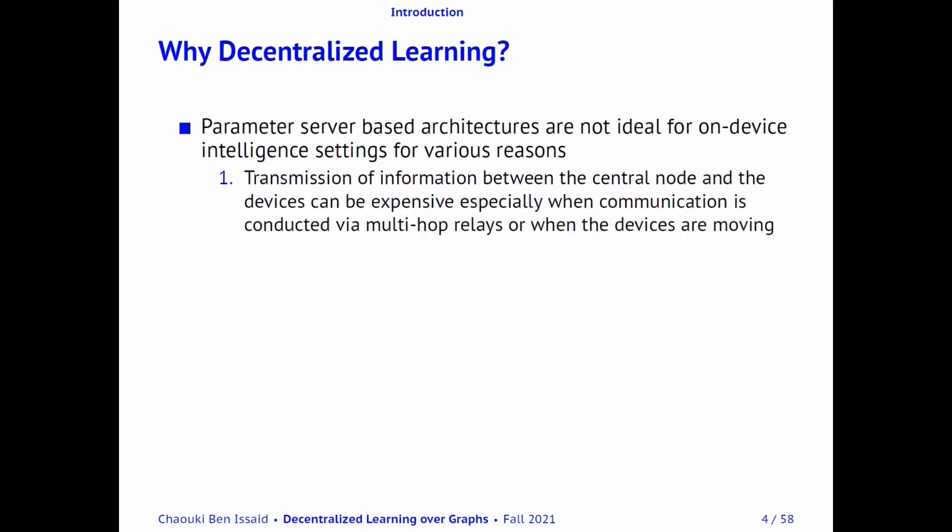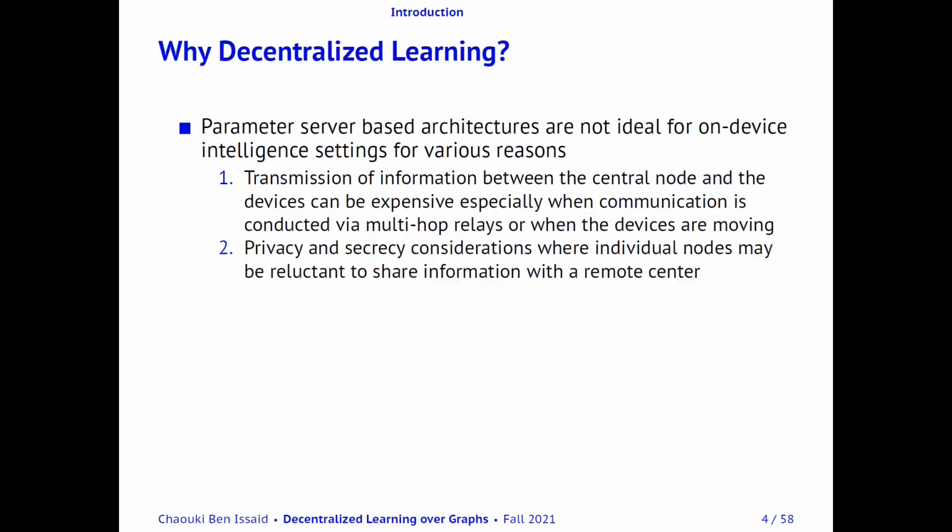First, when the devices are moving or communication takes place via multi-hop relays, the exchange of information between the parameter server and the devices can be expensive. Moreover, there are privacy and secrecy considerations, as the devices may be hesitant to exchange information with a remote center.